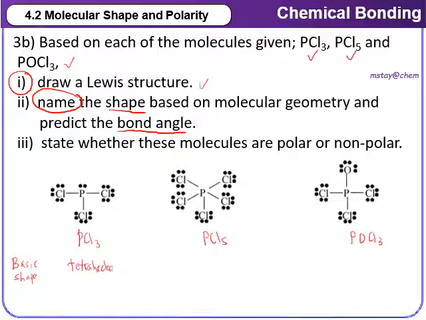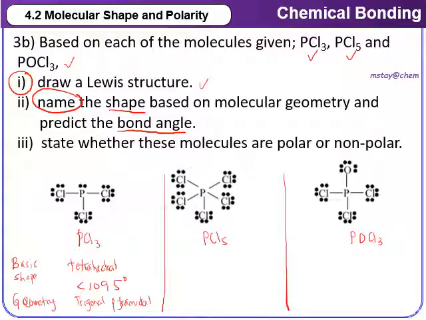This tetrahedral shape has 1 lone pair, so the geometry is trigonal pyramidal, and the bond angle will be less than 109.5 degrees. While for PCl5, there are 5 electron domains, so the basic shape is trigonal bipyramidal.